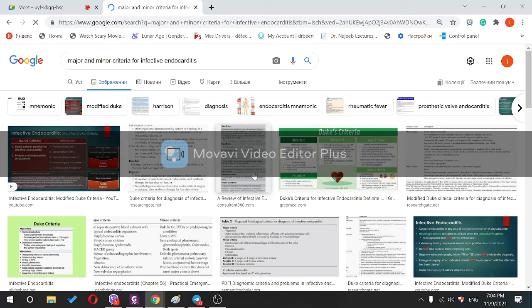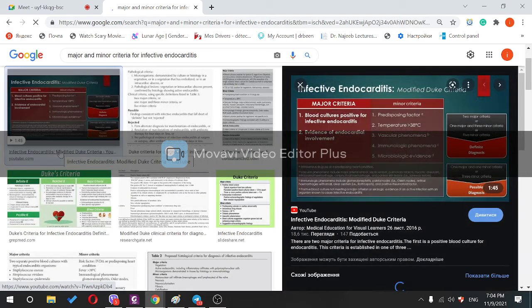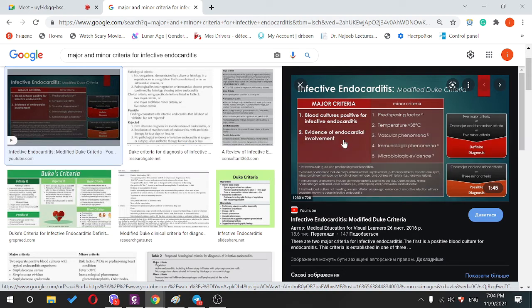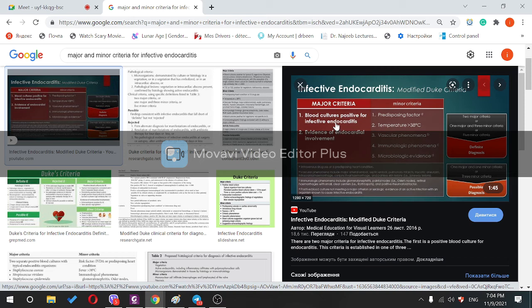So the major criteria include two things: blood culture and evidence of endocardial involvement. Using an echo, you will be able to see the vegetation. Look what they write. If you have these two, done, you have a diagnosis, okay? Or if you have one of these two and three of the minor criteria, you have a diagnosis.